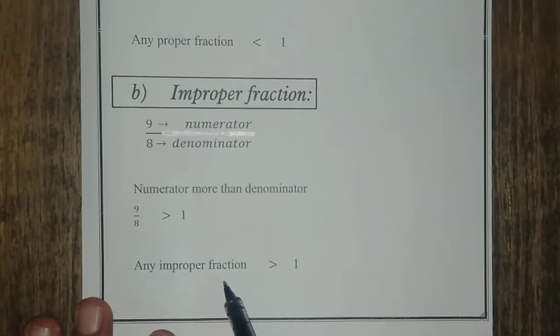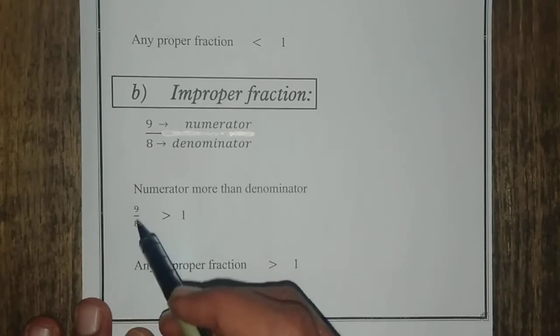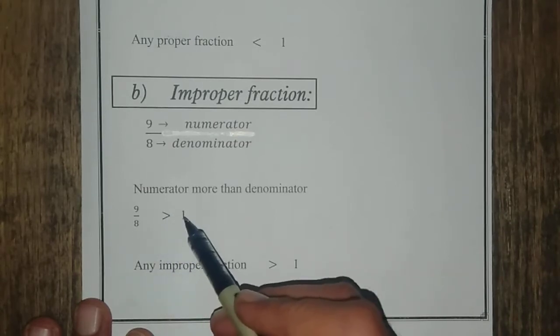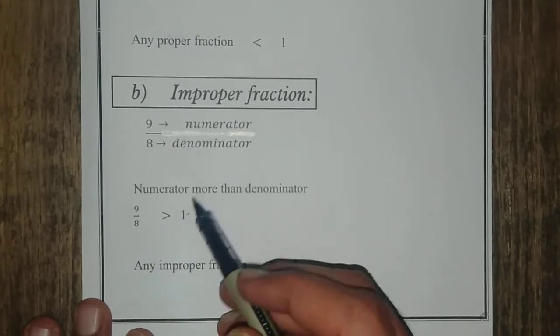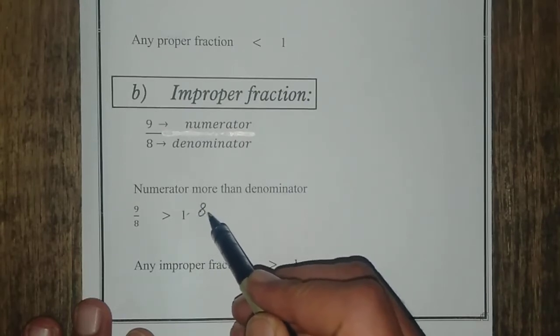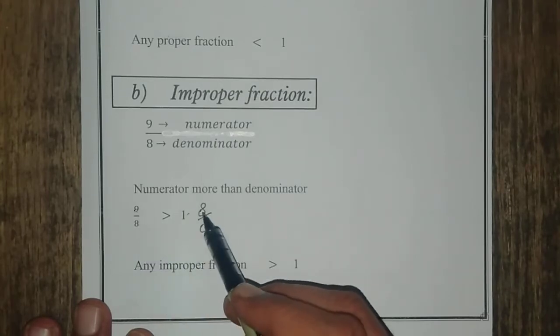Any improper fraction is more than 1. Because, for example, 9 over 8 is more than 1. 1 changed into a fraction form, so 1 equals 8 over 8. 9 greater than 8.